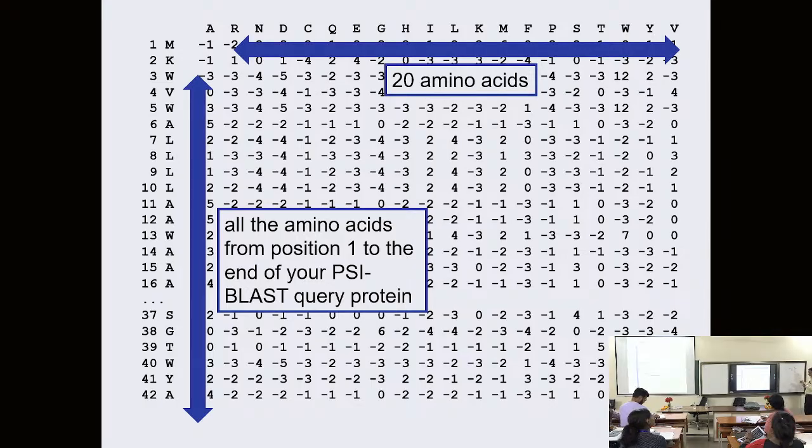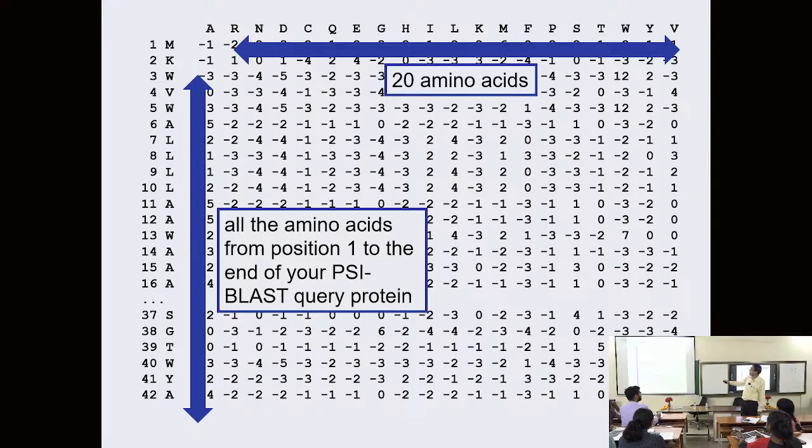Good. So the same formula you can use to compute these values. But here, I'm going to show you actually what this is. So this is the query sequence on the side, M, K, W, V, W, and so on. The last residue is A. So the query is 42 amino acids long.